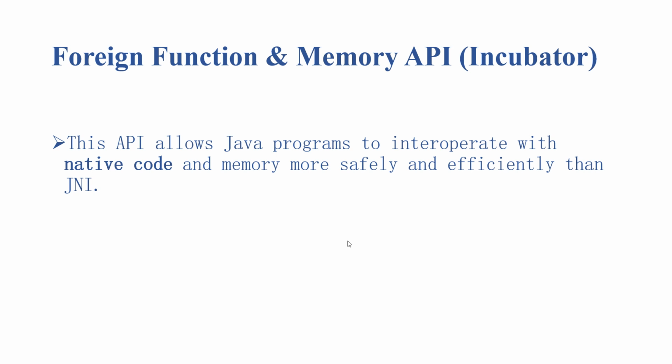If you want to access methods in other languages like C or C++, this is a more efficient way to access them. And there is also native memory management. What does it mean? It allows safely allocating, accessing, and deallocating native memory, minimizing the risk of memory leaks or unsafe access.